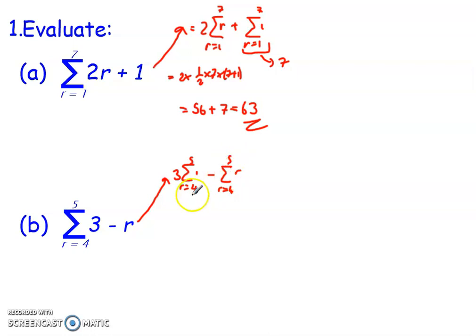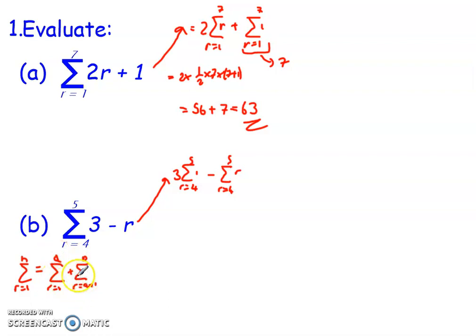Now here's the issue, we don't start at 1, we start at 4 for these. Now what we have to remember is that we can split the sum from r equals 1 to n off into the sum from r equals 1 to a plus the sum from r equals a plus 1 to n. So we can split it off into 2 different sums like that.